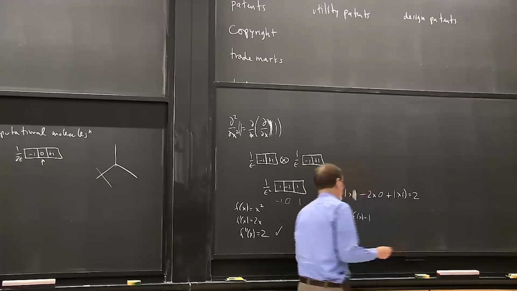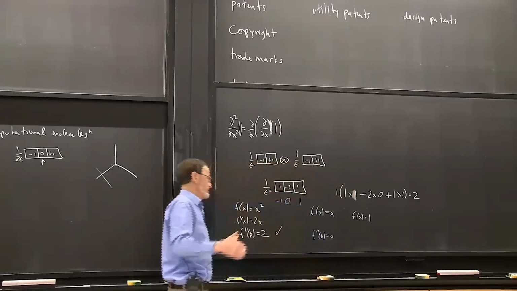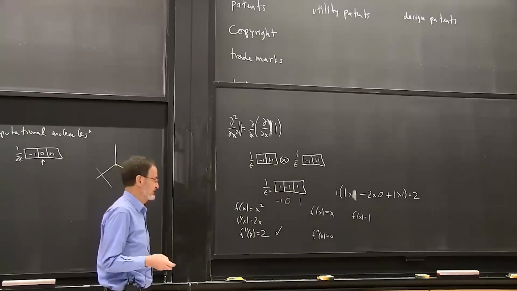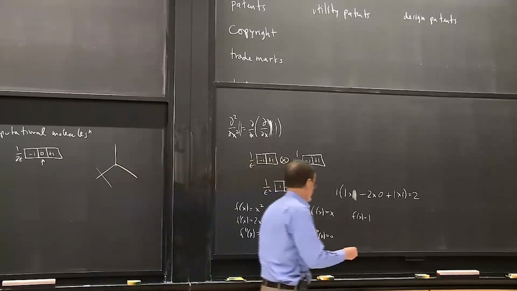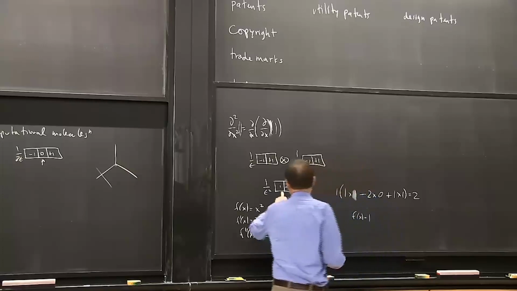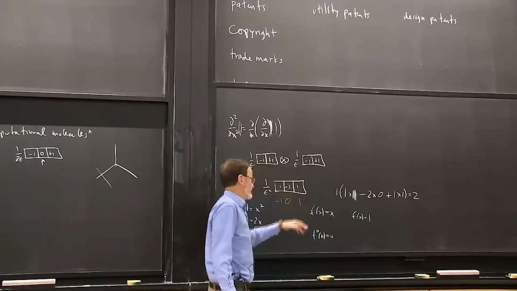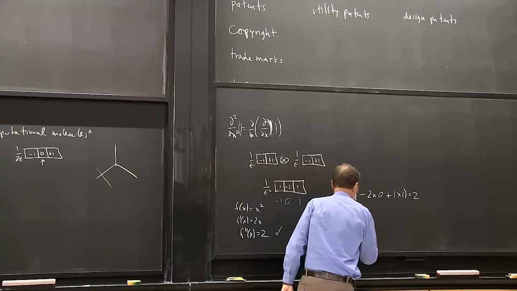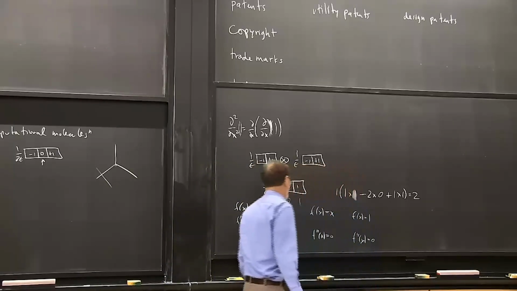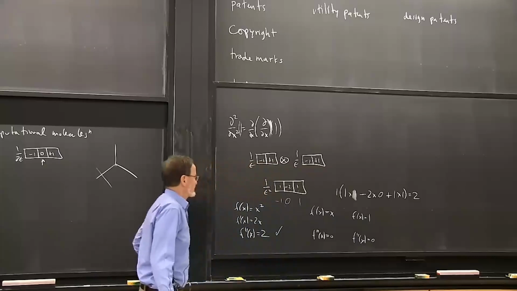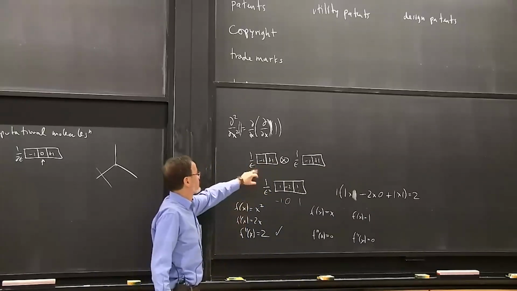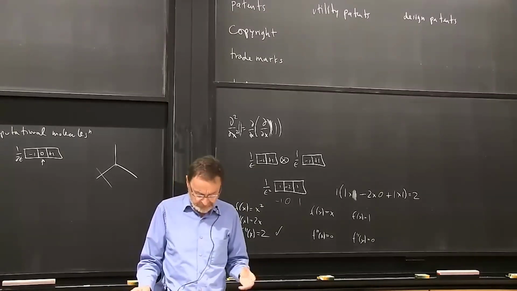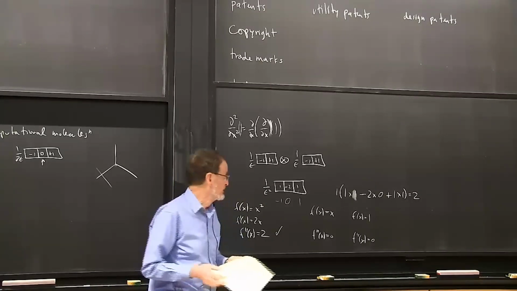So you want to check it for polynomials of low order up to the order of the derivative you're trying to get. So if f of x is 1, then of course we get 1 minus 2 plus 1 is 0, which is again what it should be, because the second derivative is 0. So one of the constraints on these operators, if they're supposed to be derivative operators, is that the weights add up to 0. So that makes sense.